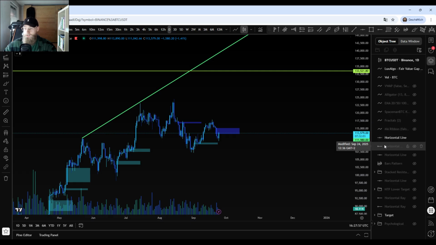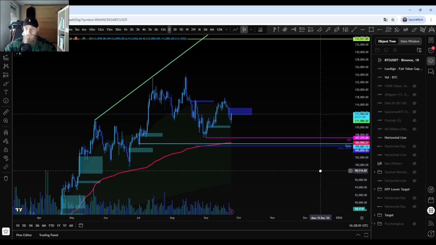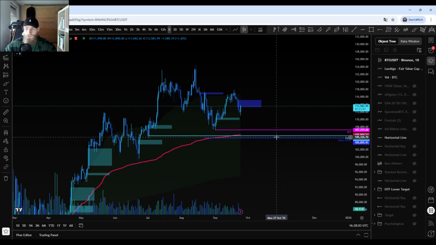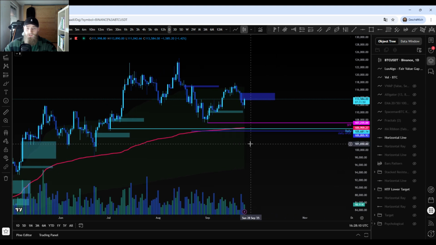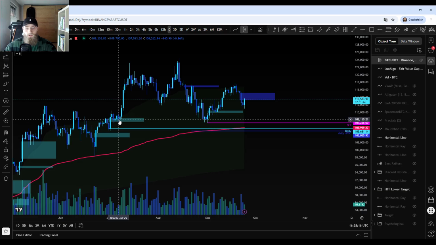To the downside, I have an area of interest as well, which is 105 to 107. For me, it's very interesting because at 105 to 107 are a lot of big orders.